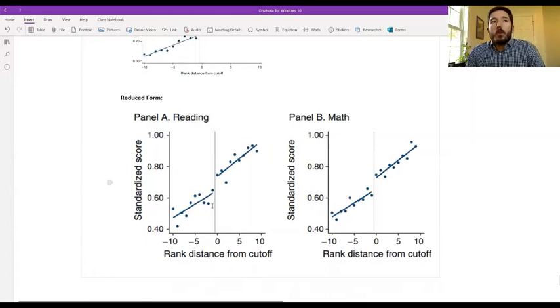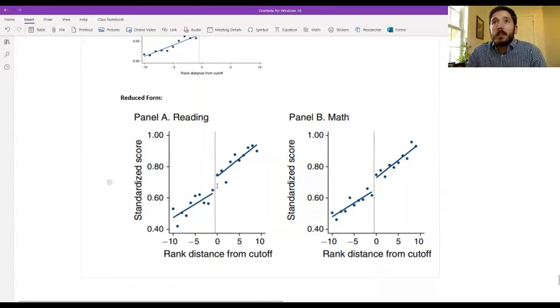Then for the reduced form, we're looking at the outcome versus the assignment variable. If you're on the left side of this cutoff, you're getting a lower score than if you're just on the right side.